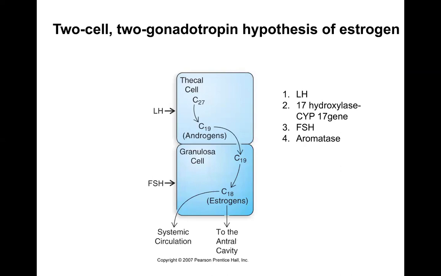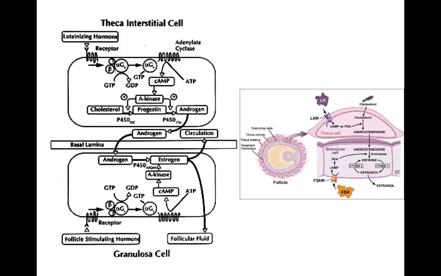If you look at a more detailed formation of estrogen, which is in the slide, again remember, this is the thecal cell and this is the granulosa cell, and they are divided by the basal lamina. The thecal cells have LH receptors, while the granulosa cells have FSH receptors.